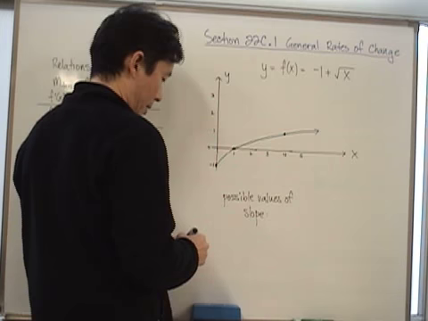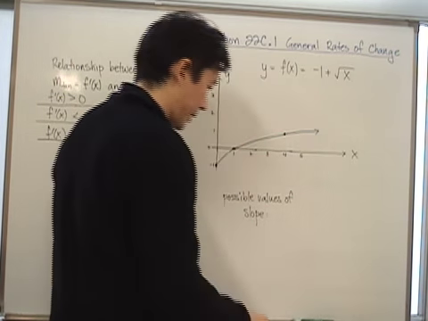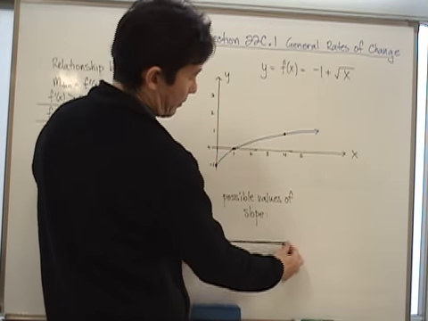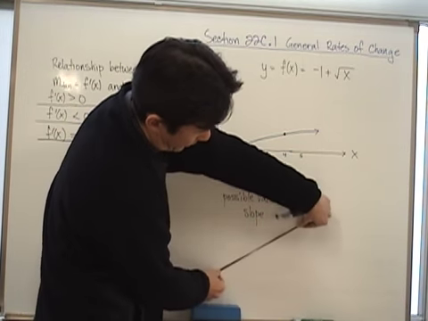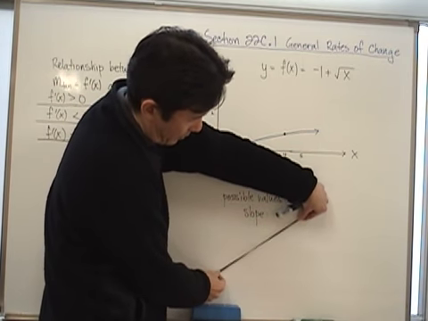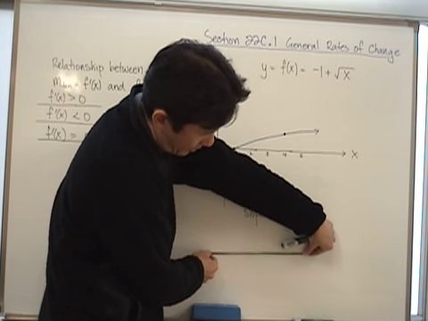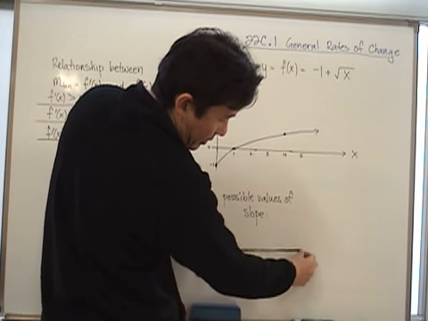Now if I use this rubber band to describe the slope of a particular line, we know that if I go this way, that's a positive slope. All of those are positive slopes. That's going to be a zero slope. And then of course if we go this way, that's going to be a negative slope.